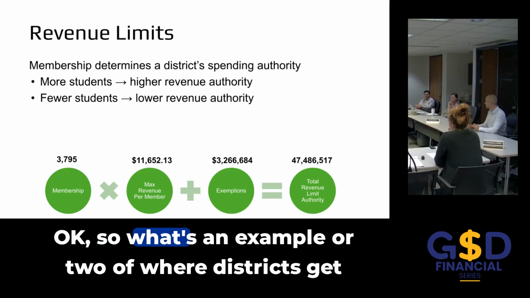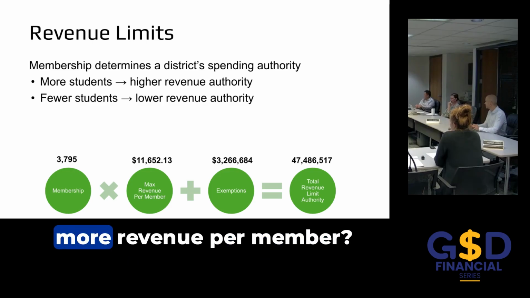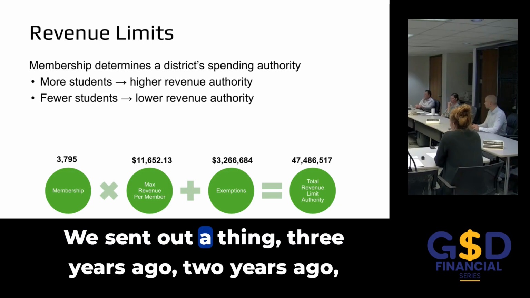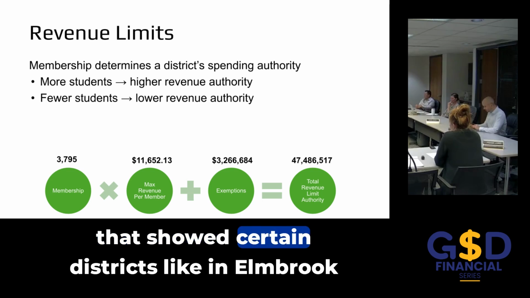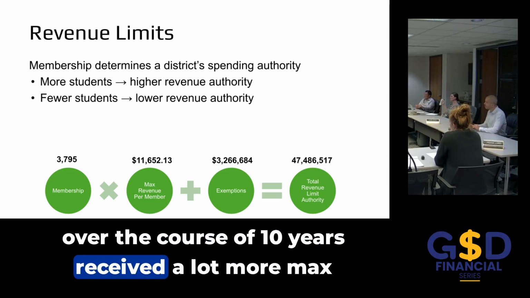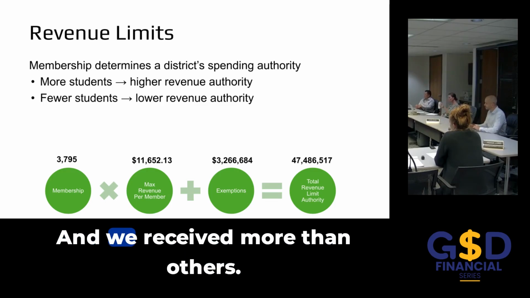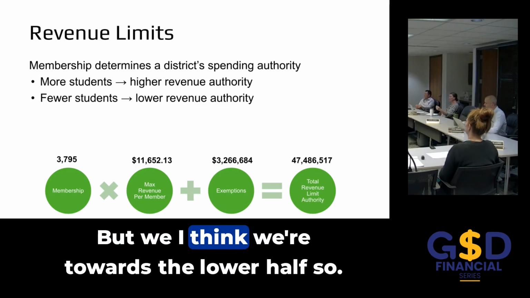Okay. So what's an example or two of where districts get more revenue per member? Because I think we sent out a document two years ago that showed certain districts, like Elmbrook, over the course of 10 years received a lot more max revenue per student than we did, and we received more than others, but I think we're towards the lower half.